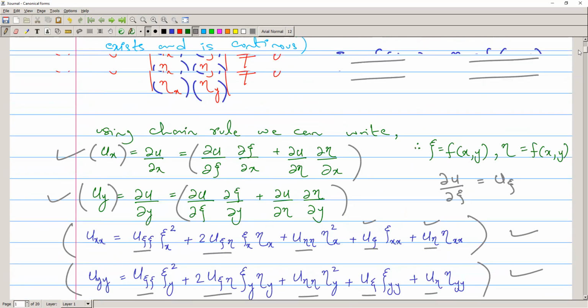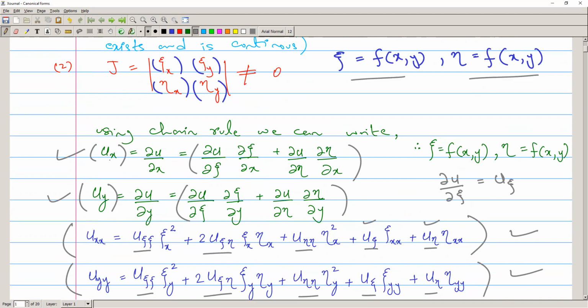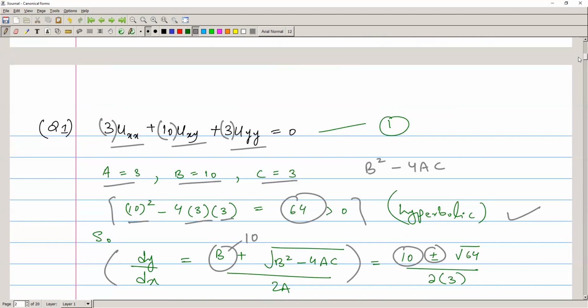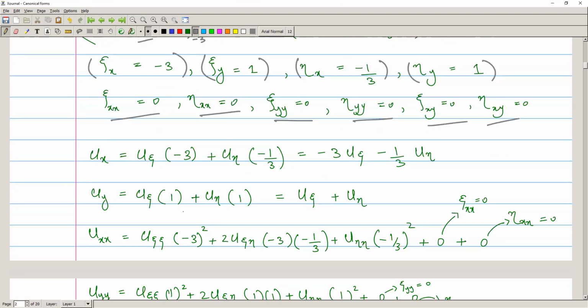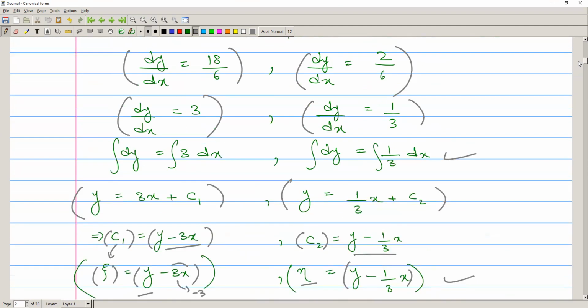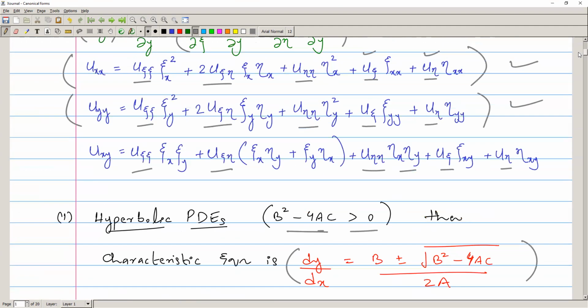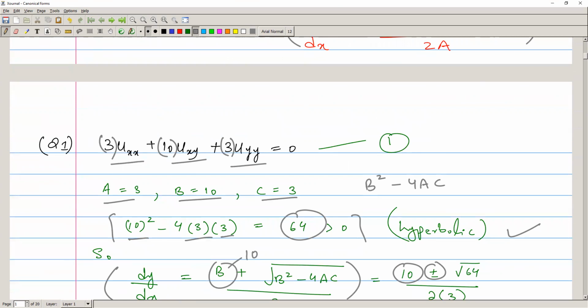This equation for ux. In fact, in this question there is no need to find ux, because there is no ux in the question. You can see that it's u double x. So we need to find only these three elements, that is uxx, uxy, and uyy.